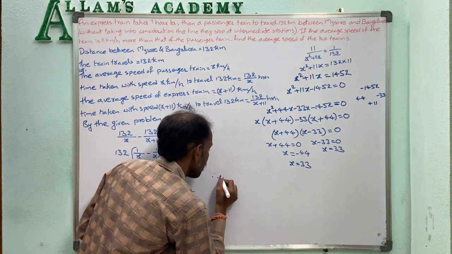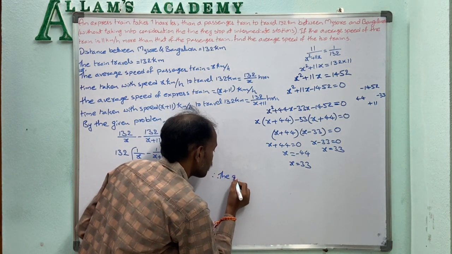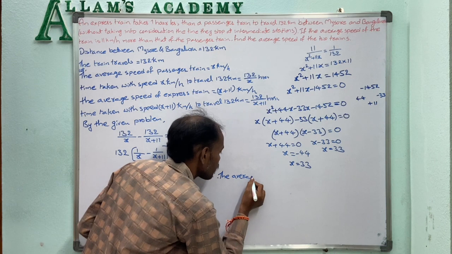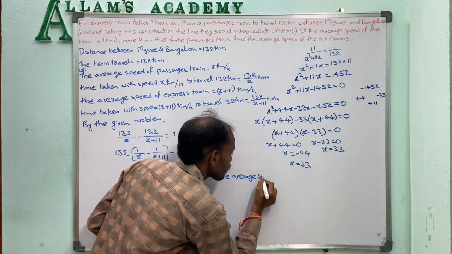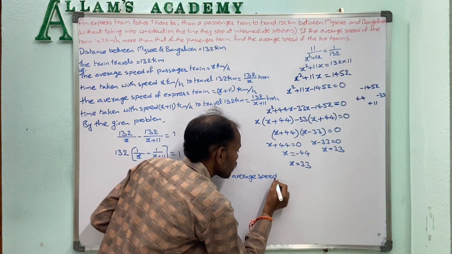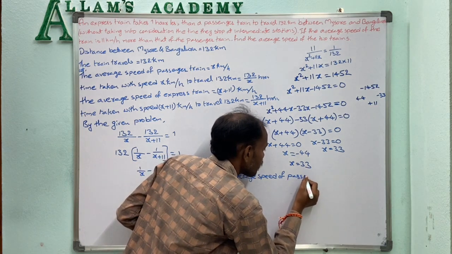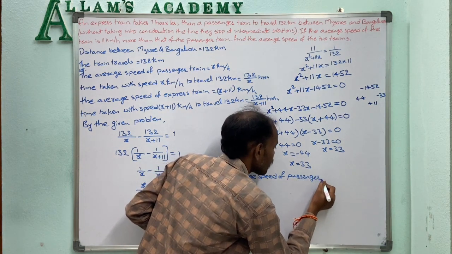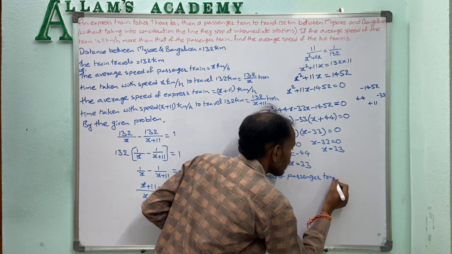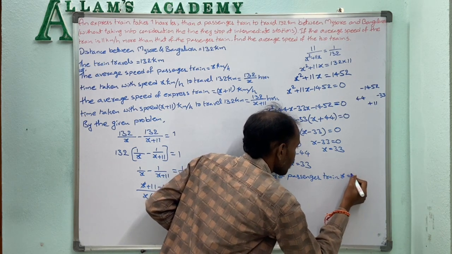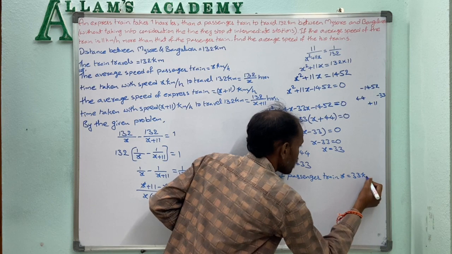Therefore, the average speed of the passenger train, x, equals 33 kilometers per hour.